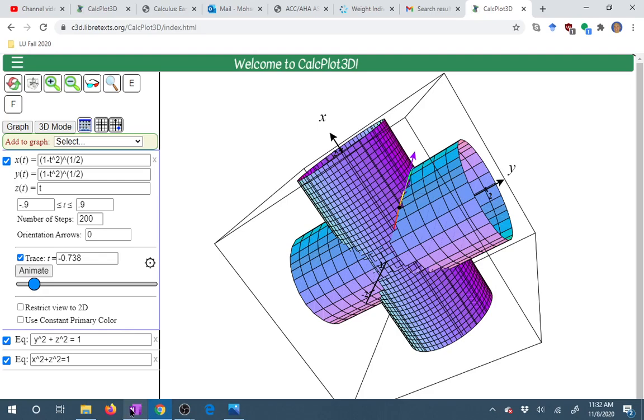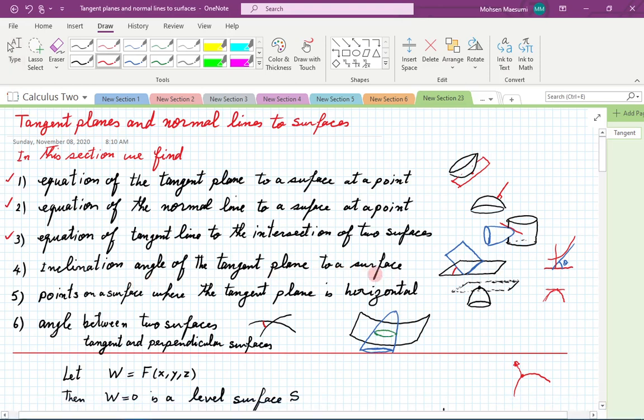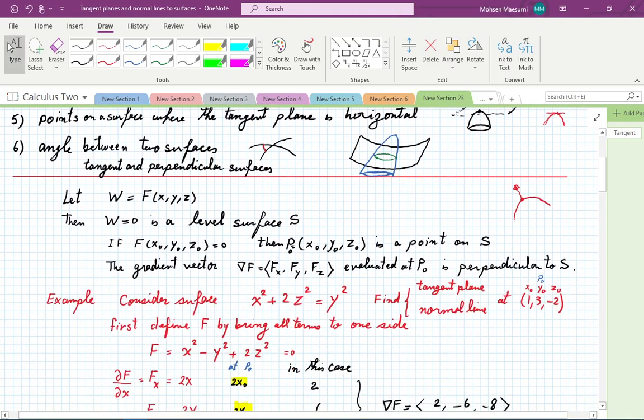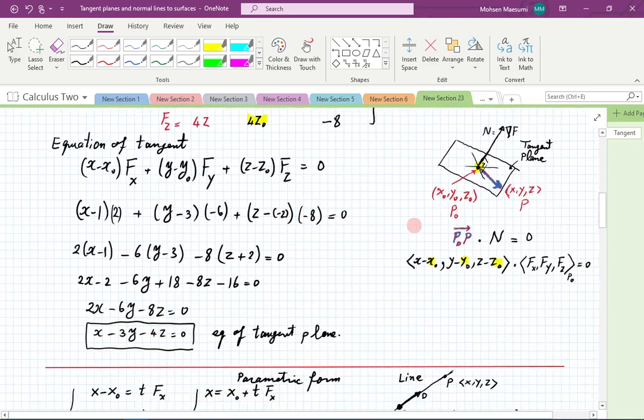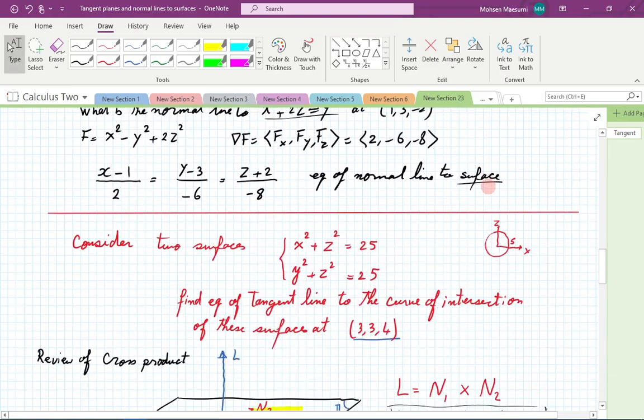Now let's see how much time we have. This took a while. Tangent plane to inclination angle. Now let's go after number 4. This took longer than I thought it should, but we did a review, so the review took half our time.